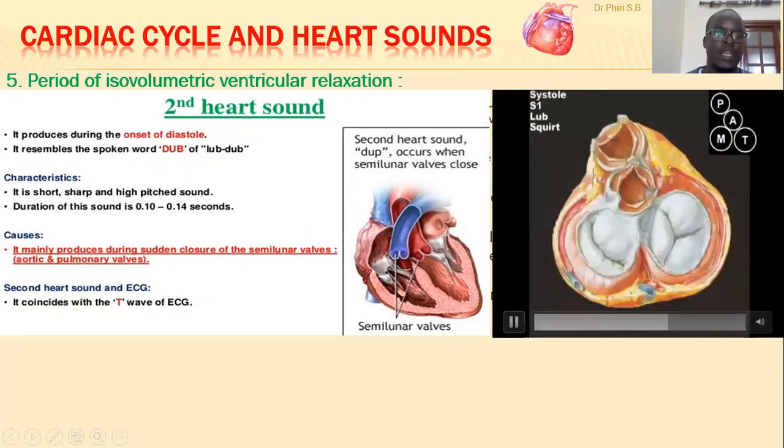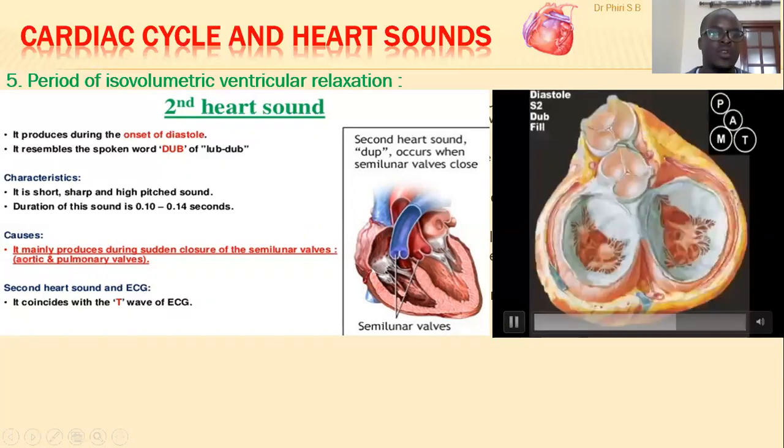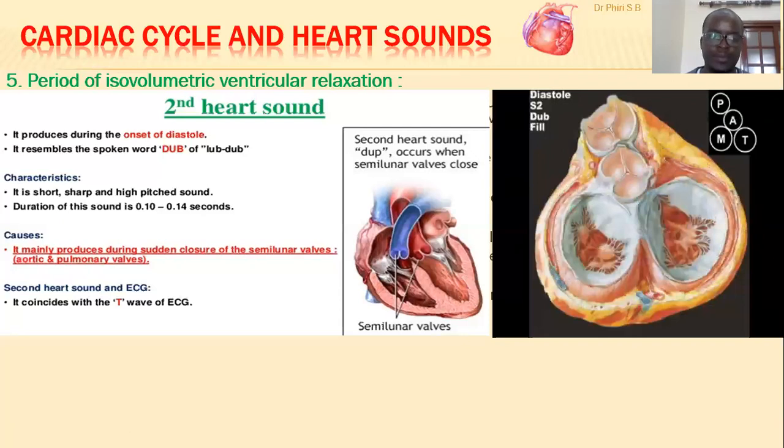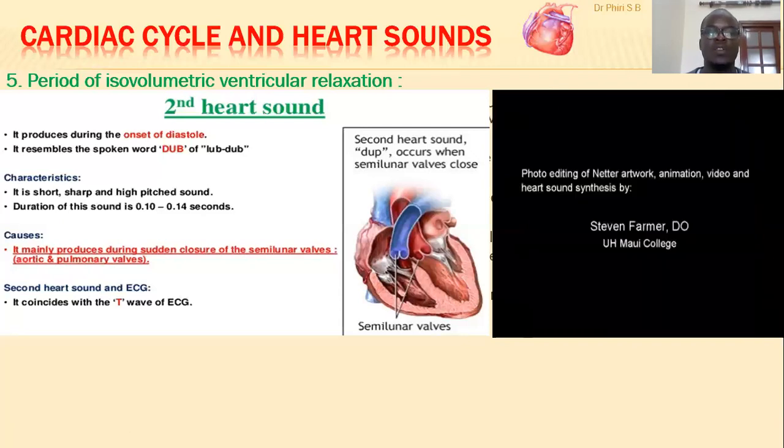So the cause of the second heart sound is mainly the closure of the semilunar valves, the aortic and the pulmonary valves. So this second heart sound on the ECG will coincide with the T wave. We said the T wave is the one that is responsible for repolarization of the ventricles.